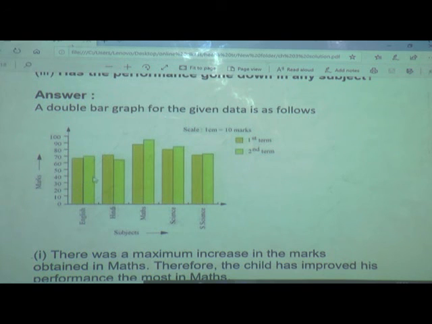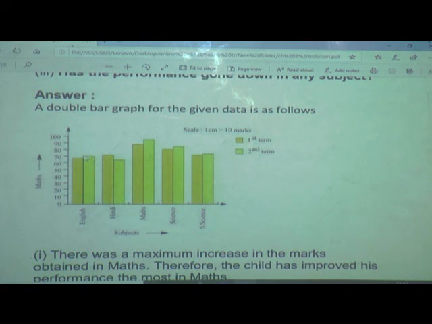Why is it given in a different color? I will explain. When you are drawing on graph paper, one bar should be kept blank without drawing anything, and the other bar of the same subject should be drawn with cross lines. So you can identify very easily by seeing what the maximum marks in the English subject were.